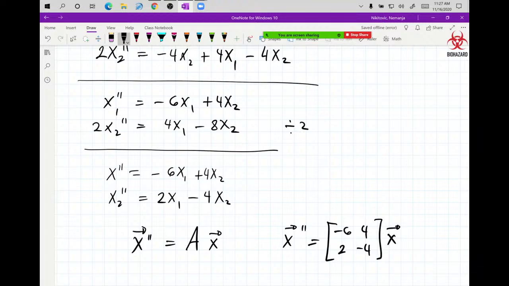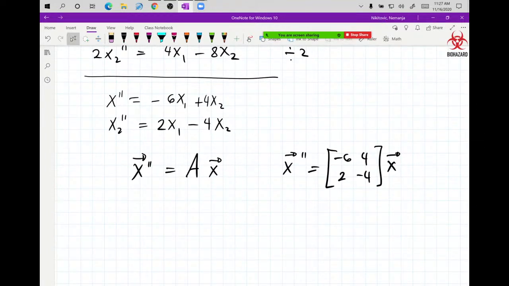So I do have the matrix A, which I can go ahead and work out all of the eigenvalues and all of that stuff to come up with the solution. So now I'm not going to waste time solving this, because you should already know how to solve this from the previous lecture, right?